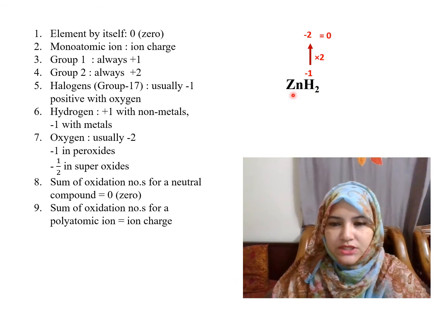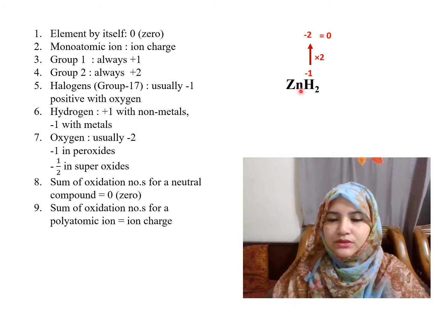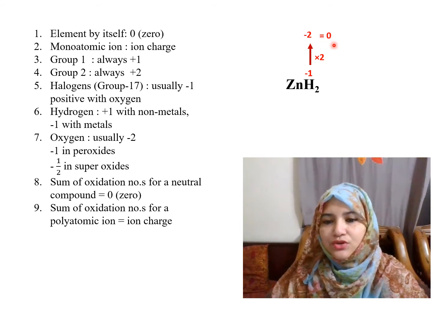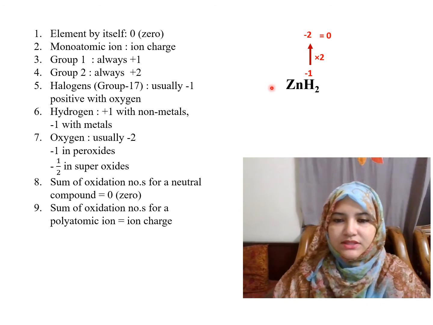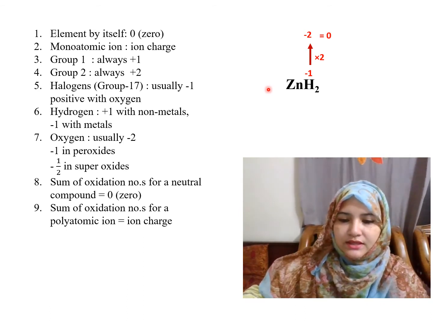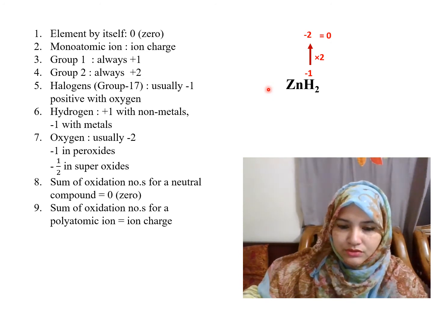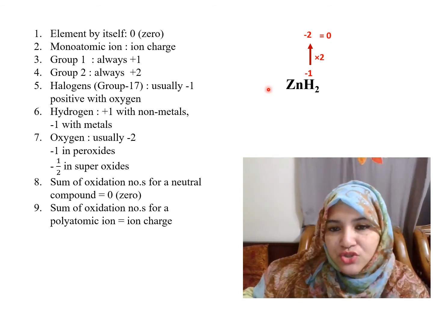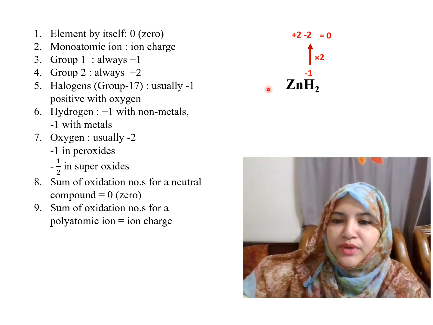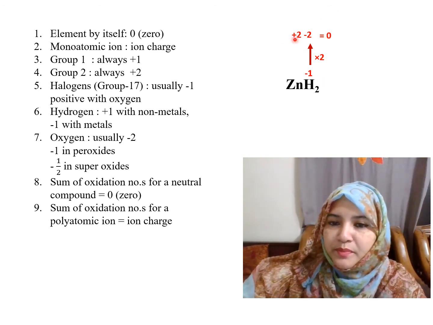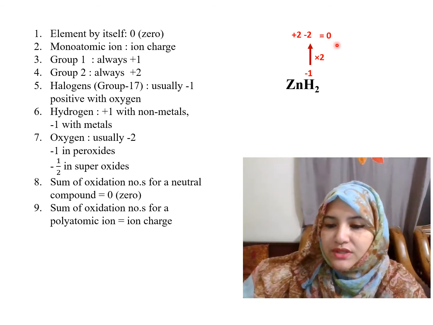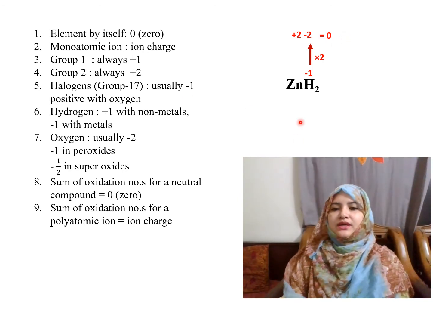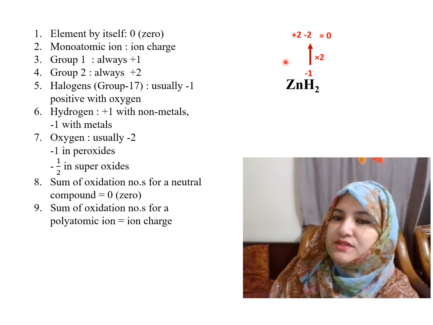Whatever the zinc's oxidation number is, it needs to add together with these hydrogens' -2 oxidation state to make 0. So zinc has to be +2. +2 -2 is equal to 0, and so we can say the oxidation state of zinc is +2.